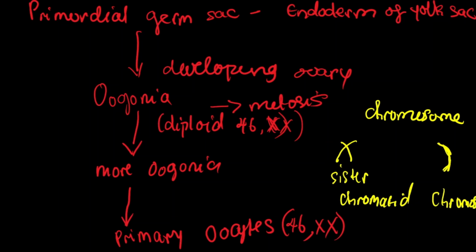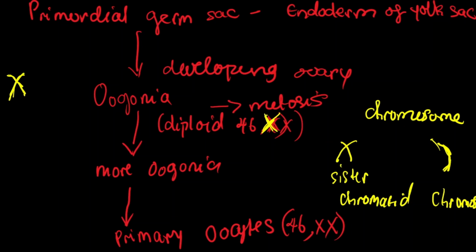However, in the oogonia as well as in the primary oocyte, what we have is two-sister-chromatid chromosomes. So we have 46 of these in the oogonia and in the primary oocyte, and XX because this is in a female.